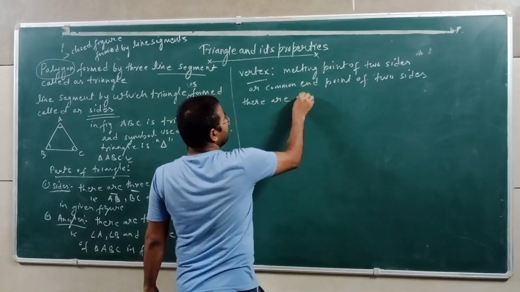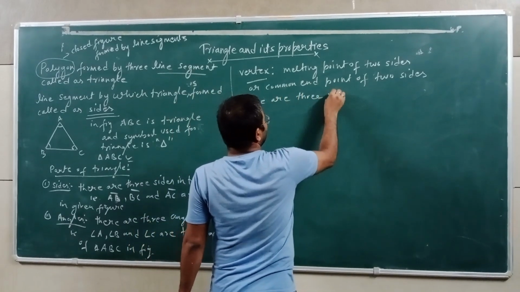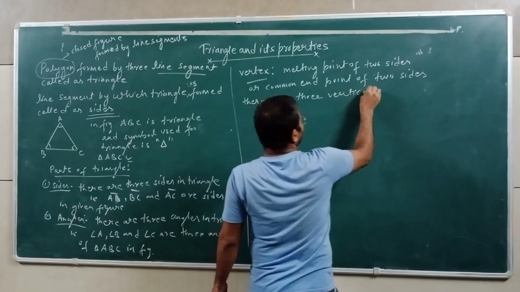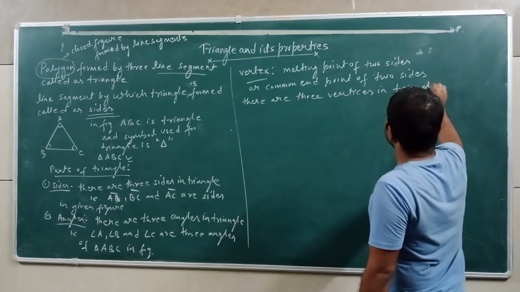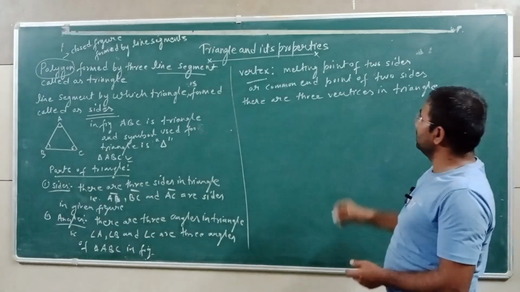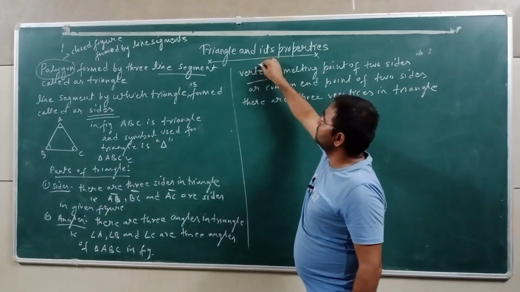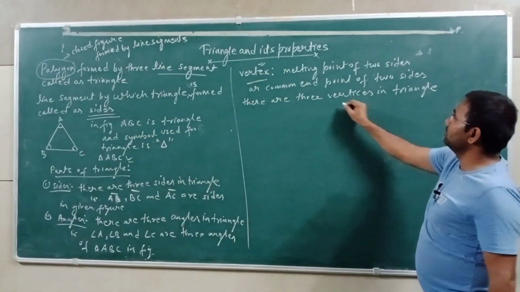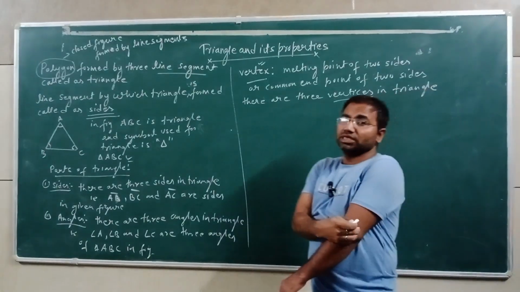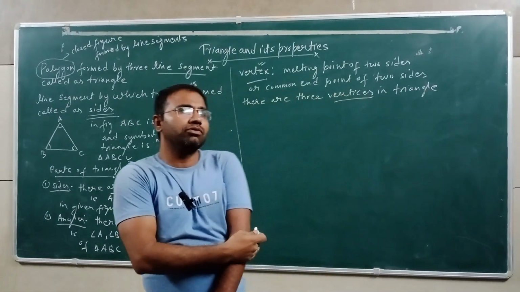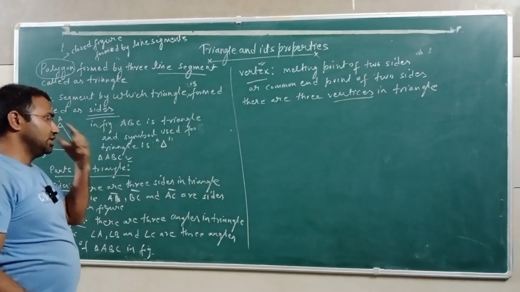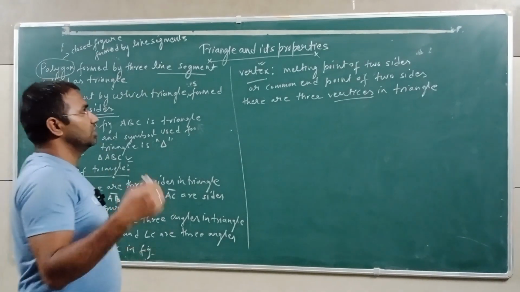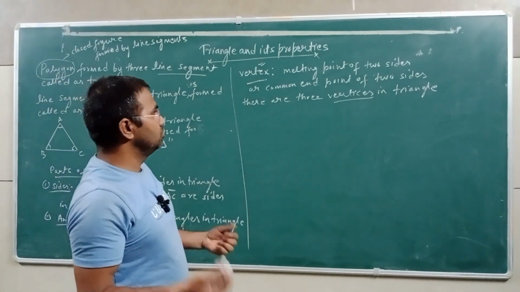There are three vertices in a triangle. I have used the word vertex and here vertices. Vertices is the plural of vertex. When we are talking about two or three vertices, we use the word vertices, and if we are talking about one vertex only, we use the word vertex.